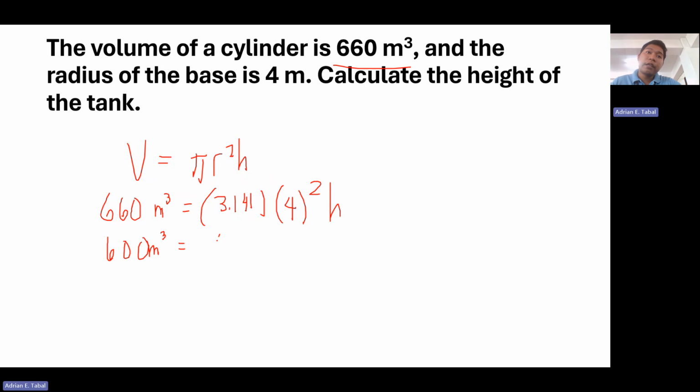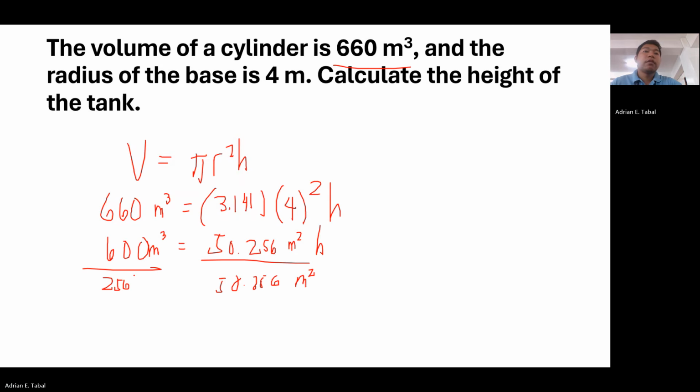So that's 50.256 square meters times height. Divide both sides by 50.256.